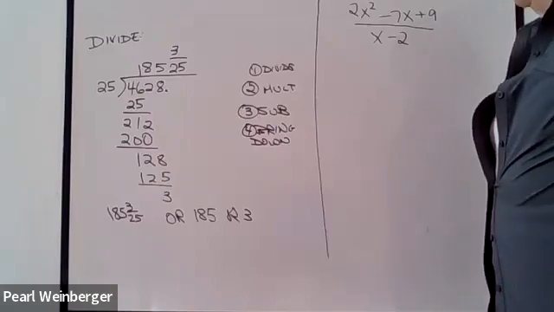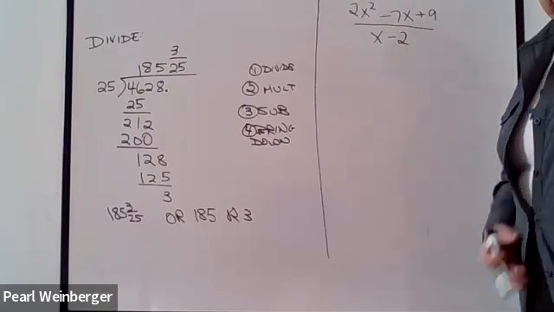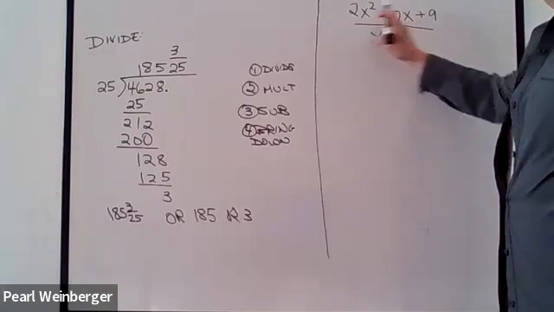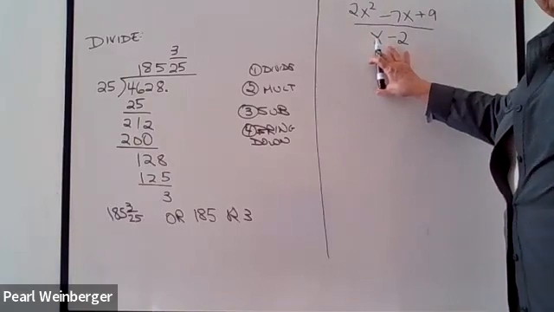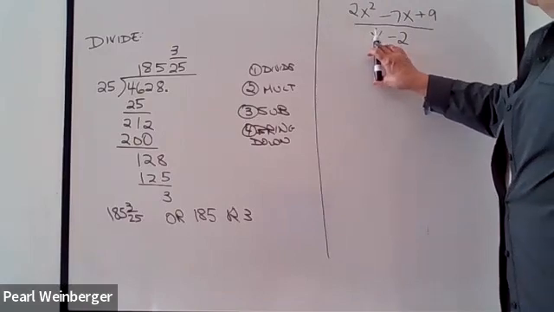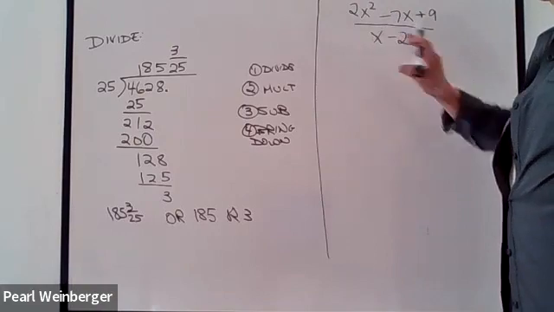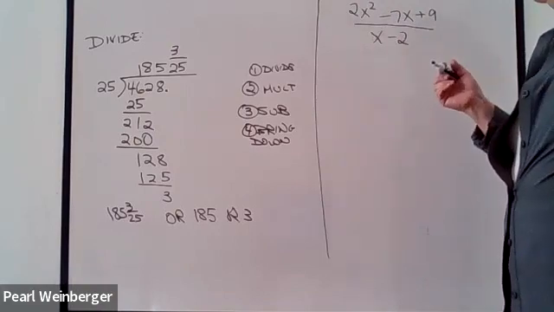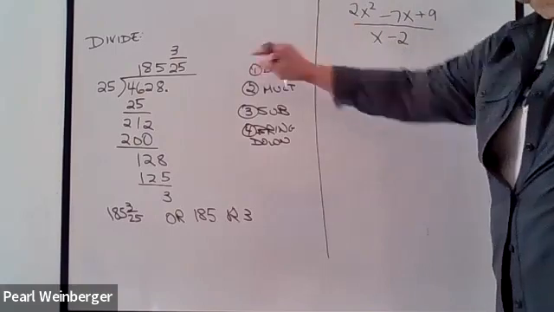But what we have here is a polynomial. It happens to be a trinomial divided by another polynomial. Notice my divisor is not a single term anymore. We can't do it the way we did it before. We have a binomial as my divisor. So the first thing I have to do is write it like a regular division problem.